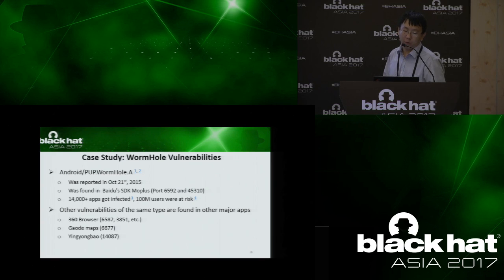Later, other similar vulnerabilities were also found in different applications, including major ones. If you look at the names, this one is by Qihoo, this one is by Gaode, actually obtained by Ali, I would say. They are all big names and have a lot of users in China.